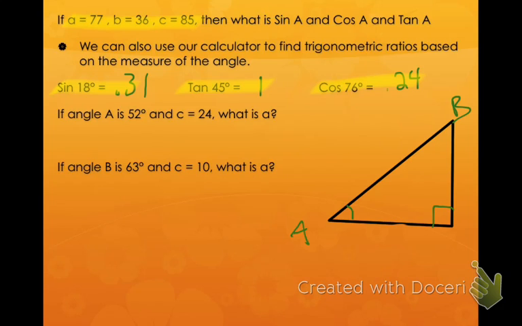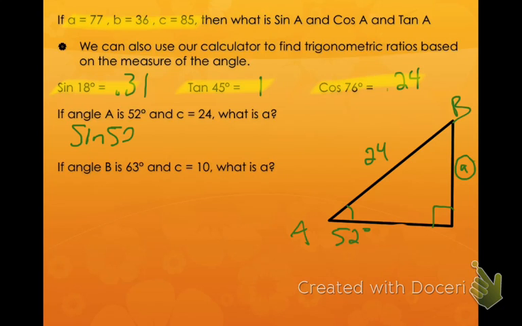So it gets interesting when we start doing these, because here this says that my angle A is 52 degrees. So I'm going to say this is 52, C is 24, and I want to figure out what A is. I have to figure out which trig ratio I'm going to use. This one is opposite over hypotenuse, which would be our sine.